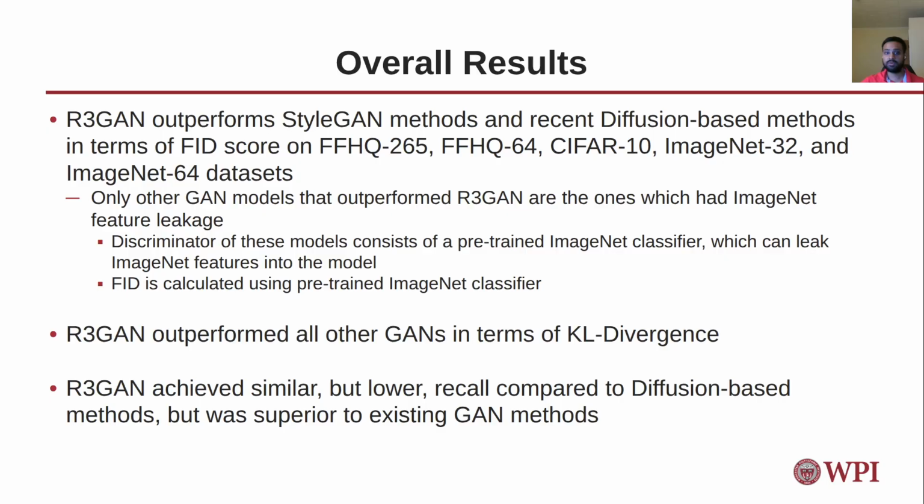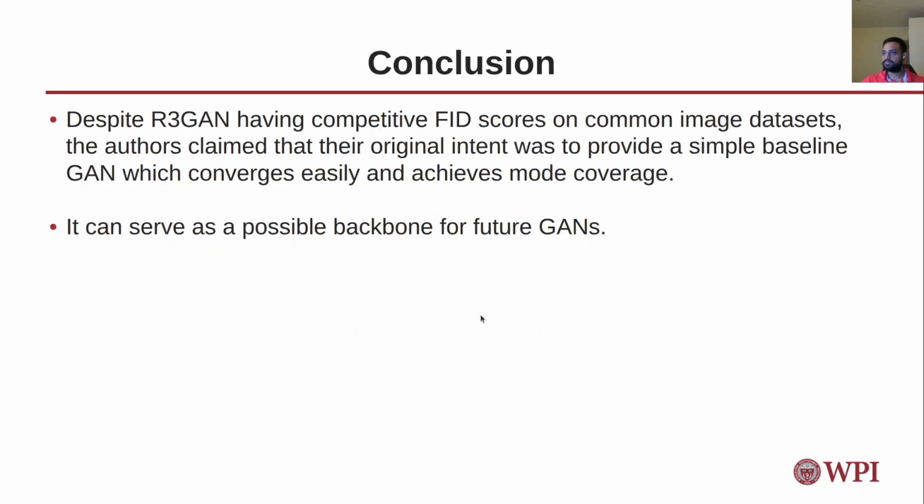And FID is calculated using a pre-trained ImageNet classifier. So naturally these GAN models were able to achieve a lower FID score. However, R3GAN still outperformed all other GANs in terms of KL divergence and in terms of recall.